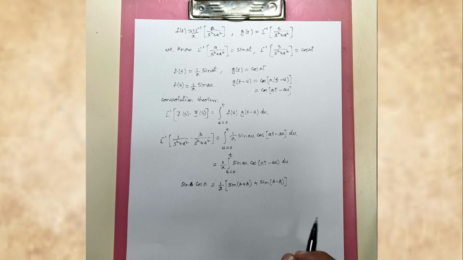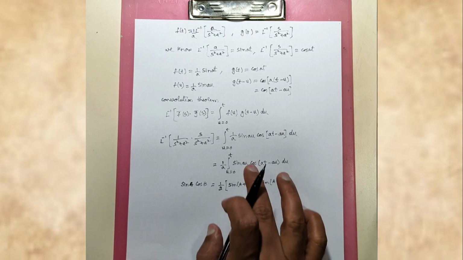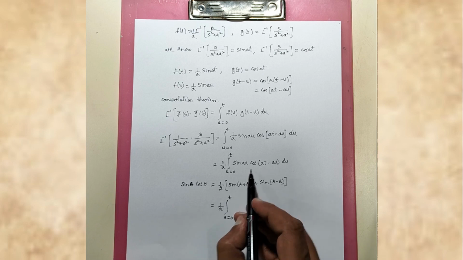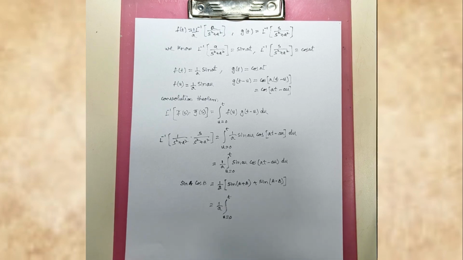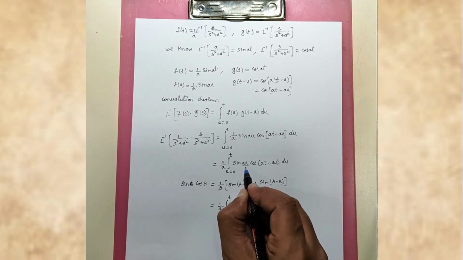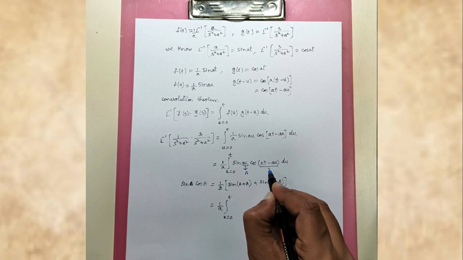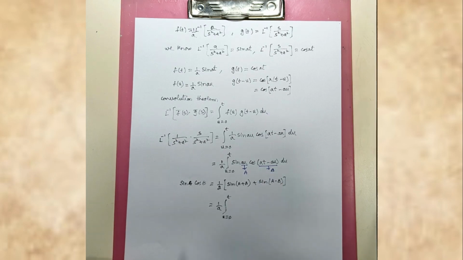So if you use this formula back over here, I will be getting 1 by a into integral u equals 0 to t sine of. This au value will represent your a value. This at minus au will represent your b value.